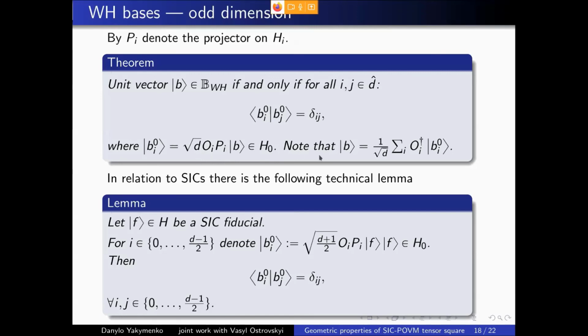Or, in other words, we can formulate it in a different way. We can say that we just take some orthonormal basis on the component H0, and then we form this fiducial basis vector in this way, right?